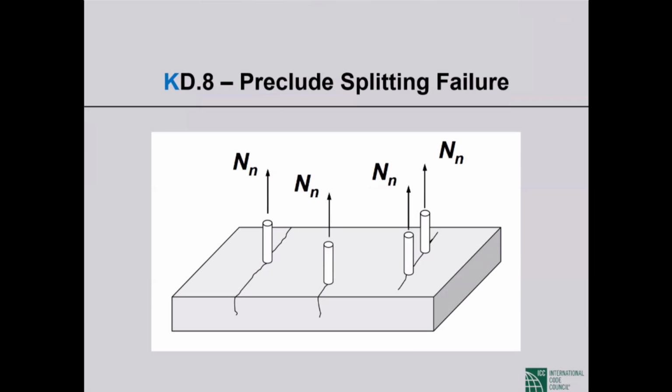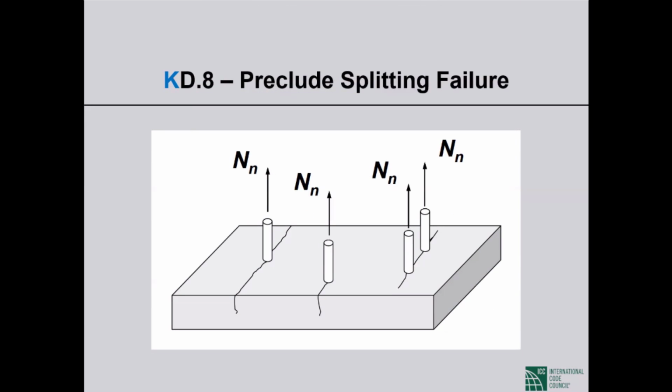The final thing that I do want to mention is if you have a slab and the slab is subject to tension as shown in the picture, the failure will be by splitting cracks developing in the slab. So why isn't splitting failure a failure mode? That is because ACI 318 has decided to preclude splitting failure.